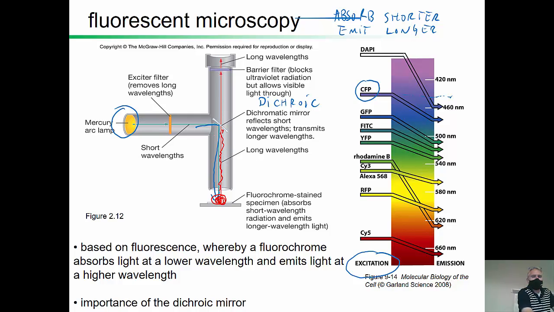And when that longer wavelength hits the mirror, it goes through to the eyepiece. All the other light is excluded from traveling to the eyepiece, okay? Meaning that some of that blue light we first put on, some of that's going to reflect off our sample probably, right? But it's just going to be bounced away and you won't actually see it.